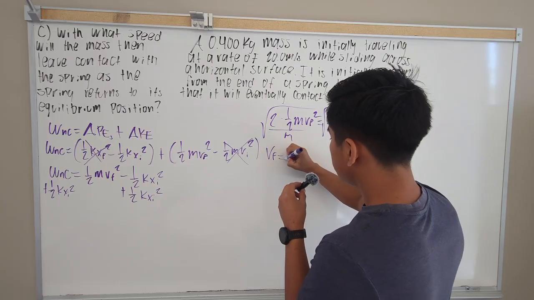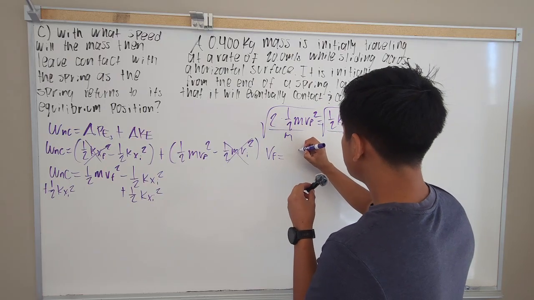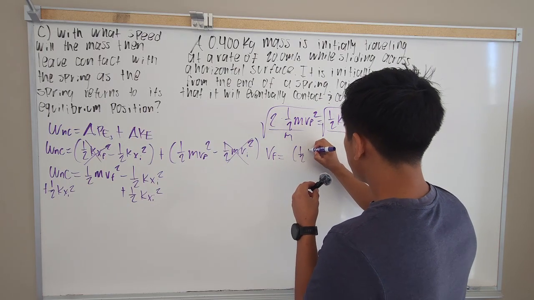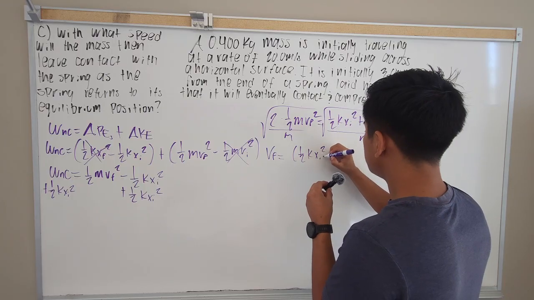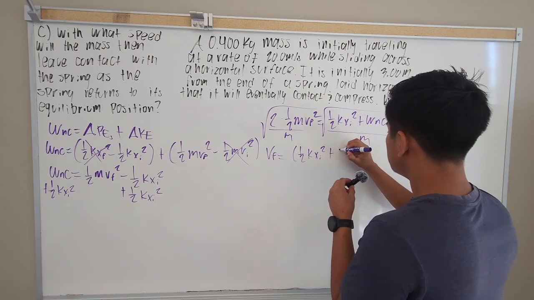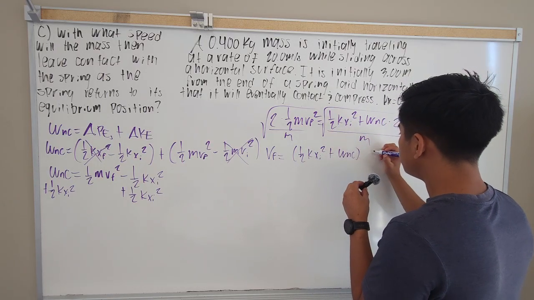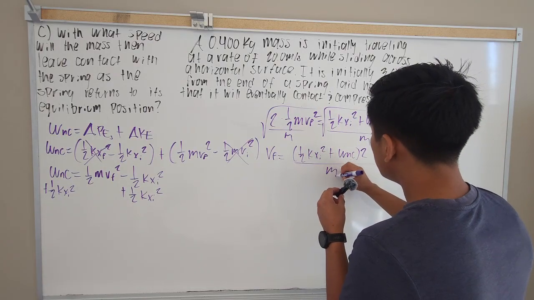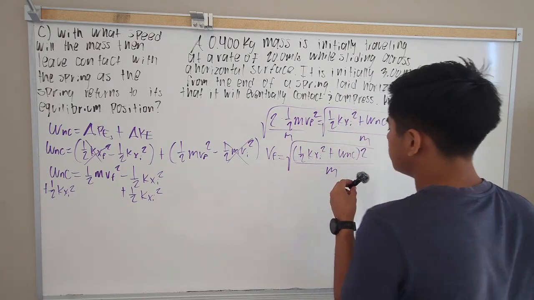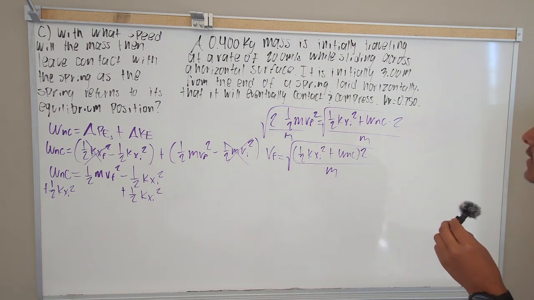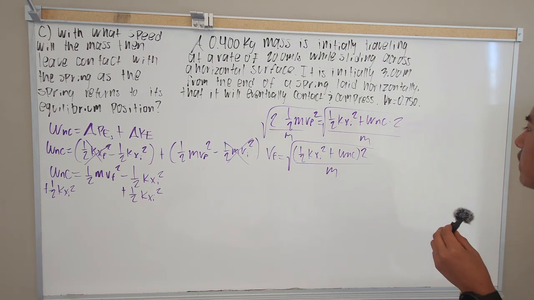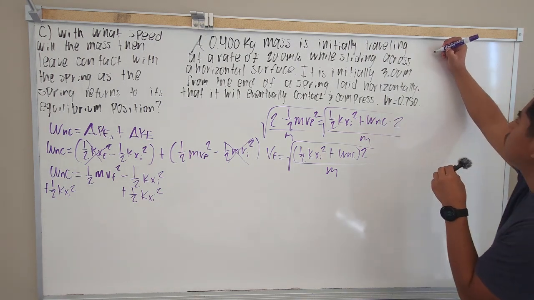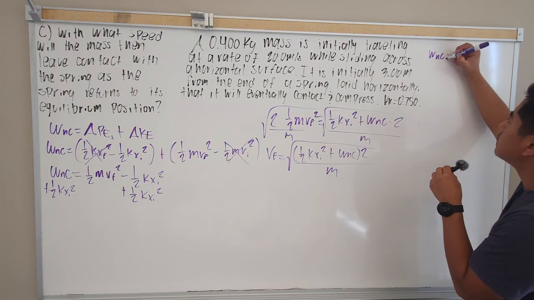So now we have v final is equal to the square root of 1/2 k x initial squared plus the work done by the non-conservative forces, multiplied by 2, all over m. And again, we're going to expand this work done by the non-conservative forces.